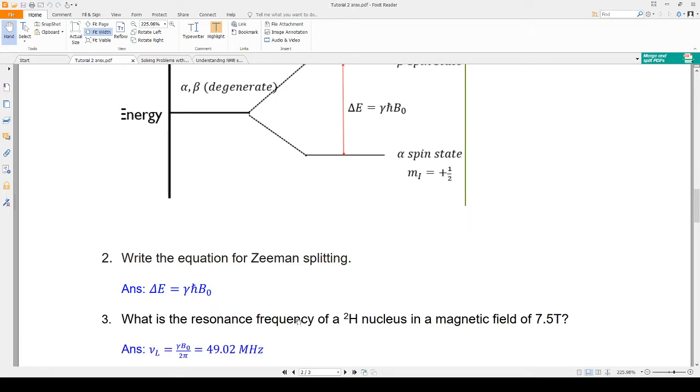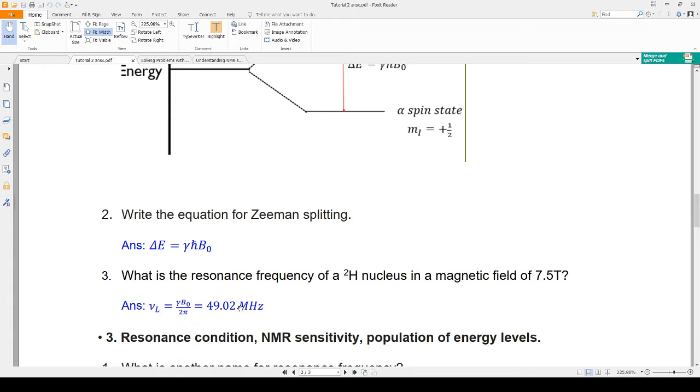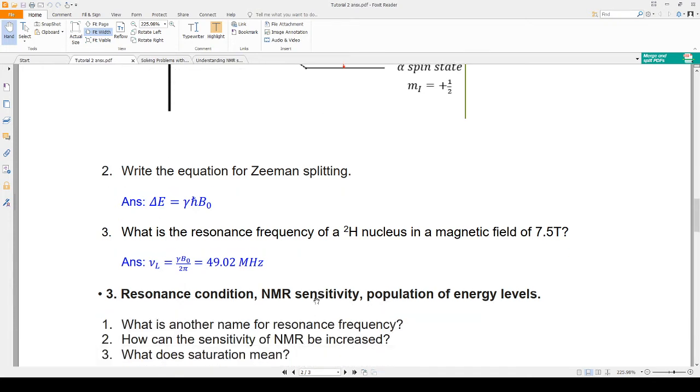So what is the resonance frequency of deuterium in a magnetic field of 7.5 Tesla? You just have to plug into the equation, the normal frequency, which is also the resonance frequency. And so there you go, it's 49.02.